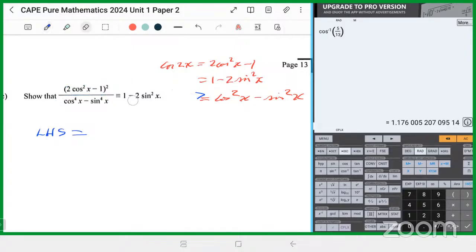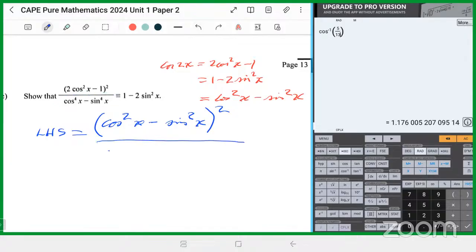So I'm going to write this numerator expression as this, and put a square on it. I'm leaving this on my paper as well. I'm going to write the numerator as cos squared x minus sine squared x all squared over. This knows the difference of two squares.